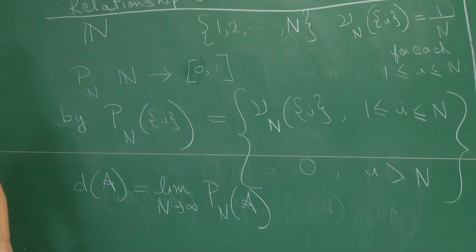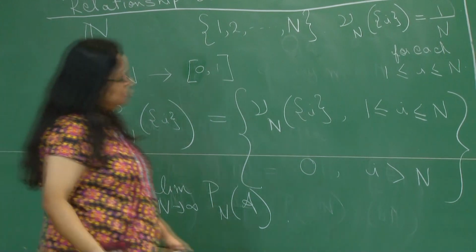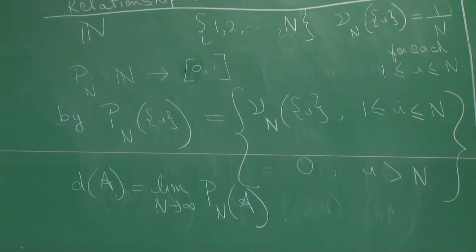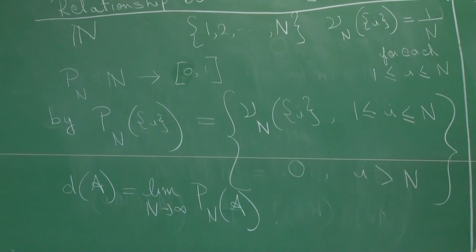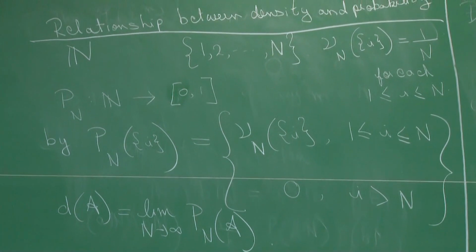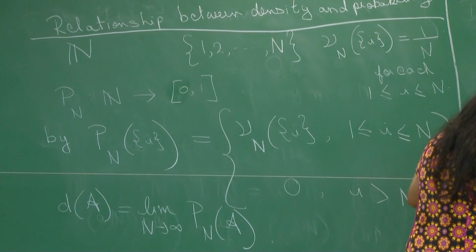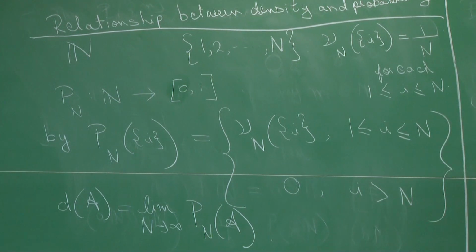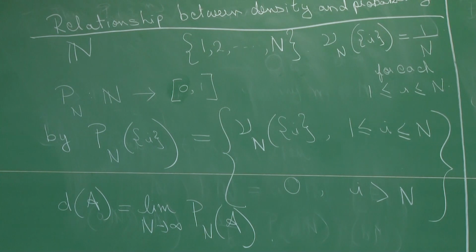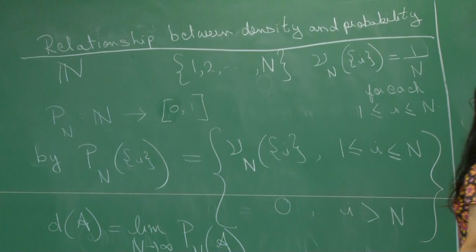So, a density can be interpreted as a limit of probabilities. Now, when you have a probability space, we study random variables on them. Our goal, as I have repeatedly mentioned, is to use the probabilistic framework to study the behavior, or in other words, the value distribution of what we call arithmetic functions.